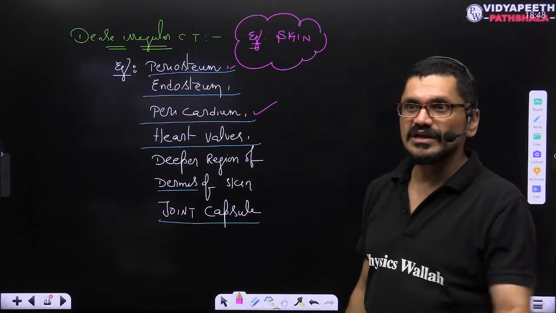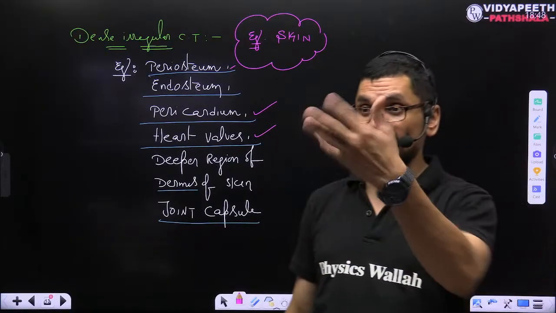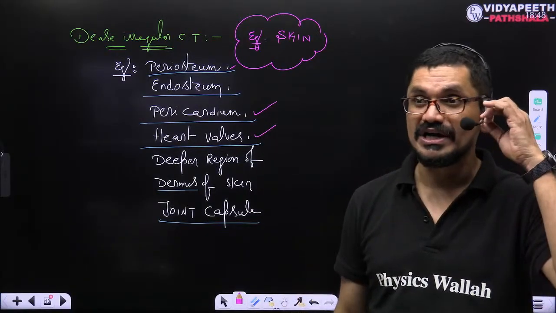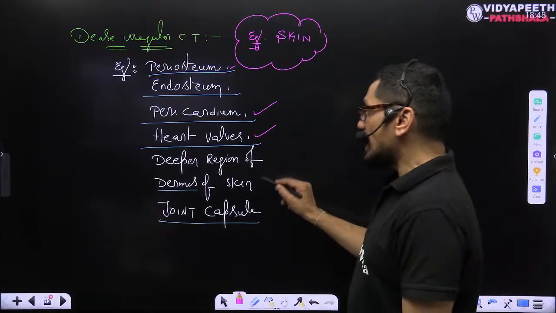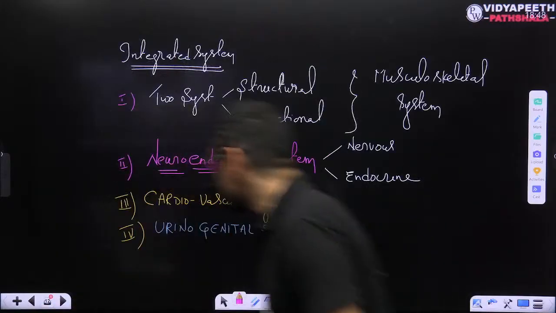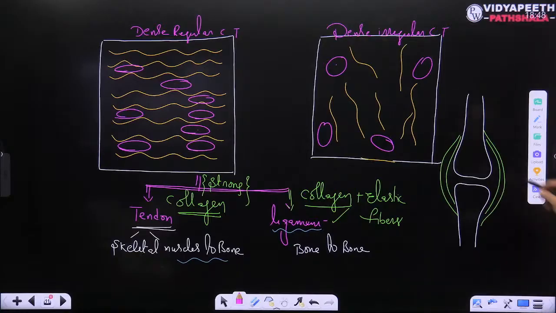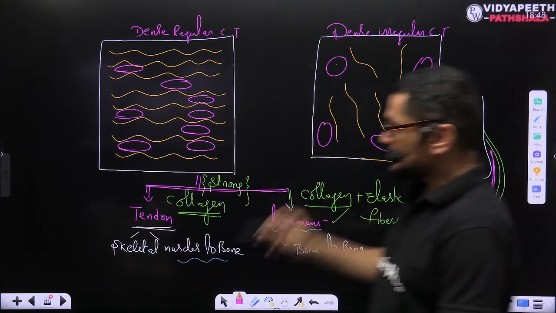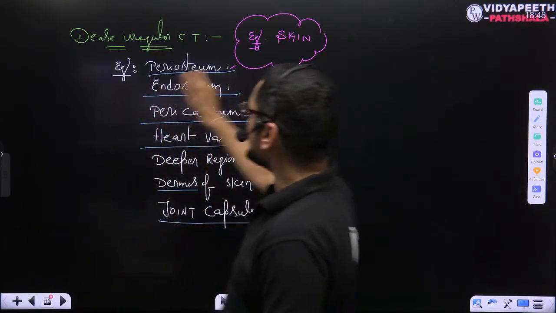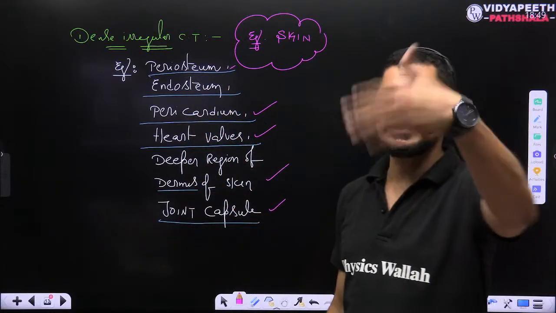Pericardium, the layer which surrounds the heart. Heart valves, tricuspid valve, bicuspid valve. I think you might have heard about these valves. And inside the skin, joints. At the joints also, just now I have shown you the joints, this irregular connective tissue is also present here. So you observe where this dense irregular connective tissue is present. Come on, please, without seeing, try to give the answer.